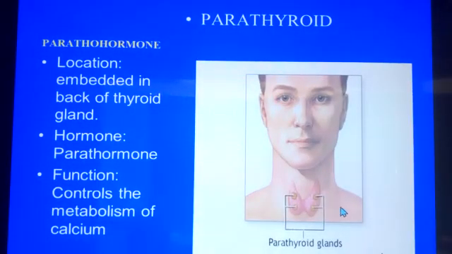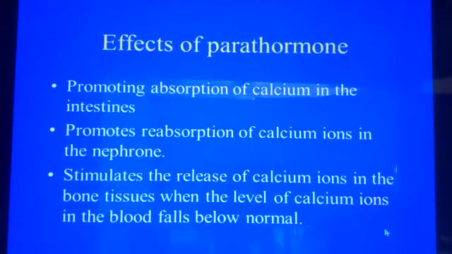Now, the other diagram shows the other part of the gland, which is in the thyroid section. That is the parathyroid, which is embedded in the back of the thyroid gland, and then it produces the parathormone, whose role is to regulate metabolism of calcium in the body.